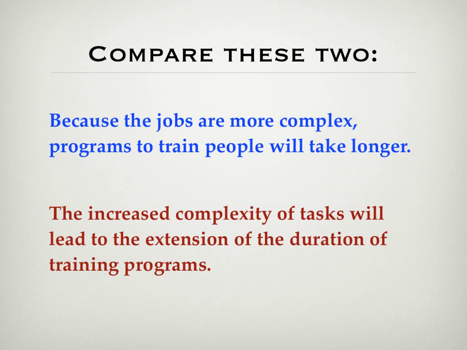The process extend, represented in the first sentence as will take longer, has been nominalized in the second sentence with the noun extension. The adjective phrase more complex in the first sentence has become complexity in the second, and also the adverb longer in the first sentence is now duration in the second.